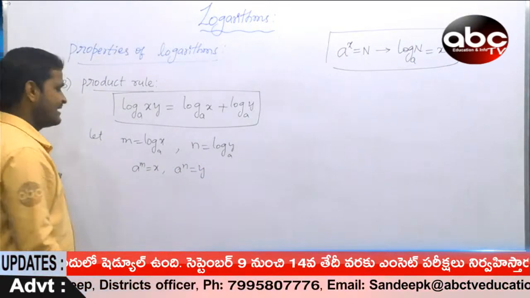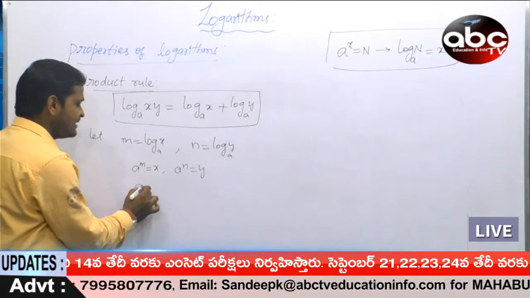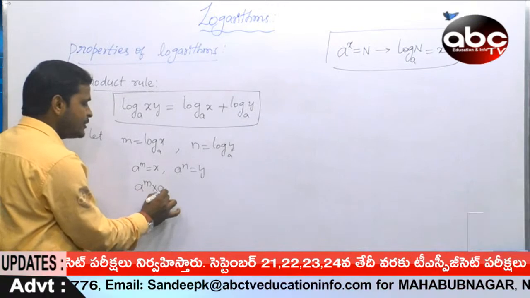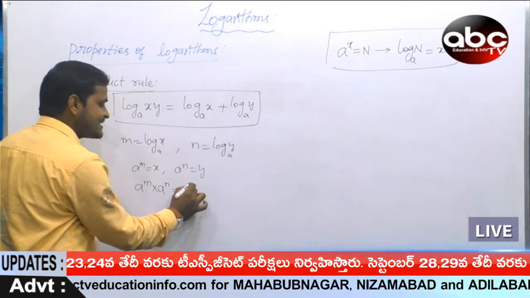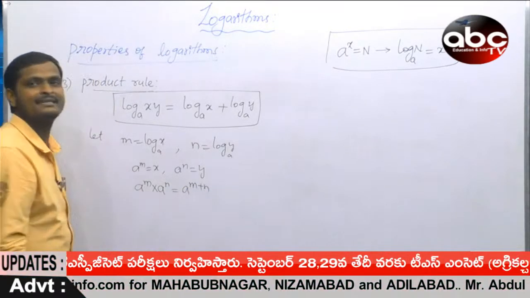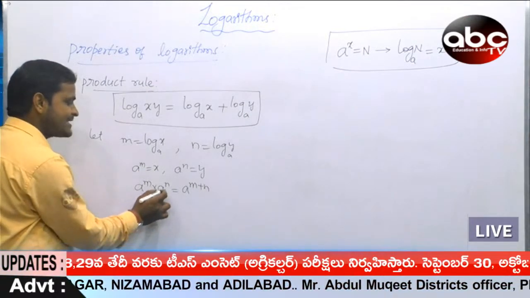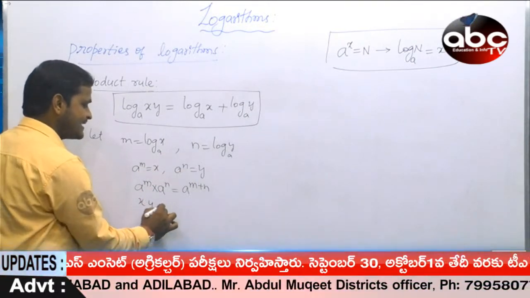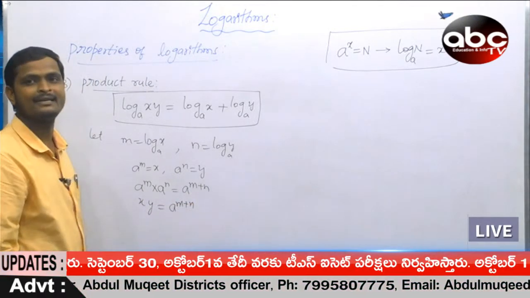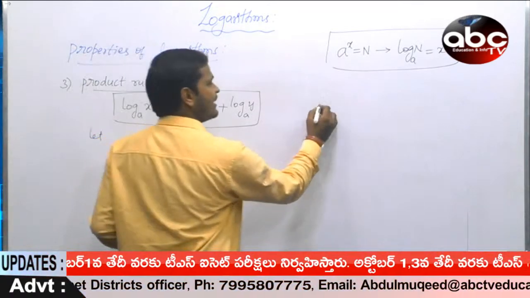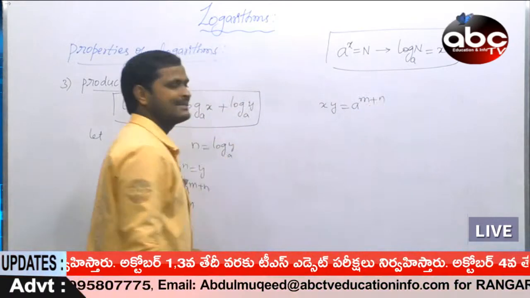Okay students, then we know the laws of exponents: a power m into a power n is a power m plus n, right? What is a power m here? x. What is a power n? y. So x into y is equal to a power m plus n, right students?